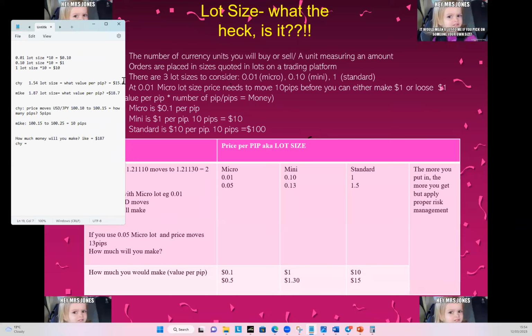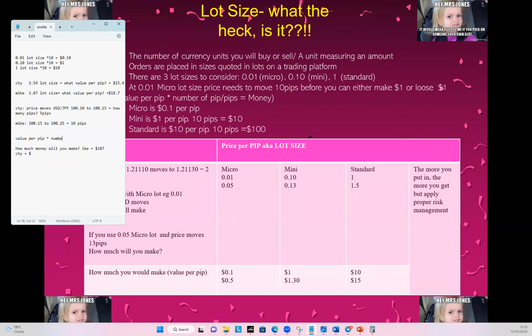And Chi, yours is 15.4 times the number of pips, 5. Then times 10. You don't need to times 10. Oh, really? Because I already got the value in the first place, so there's no need. So it's 77.